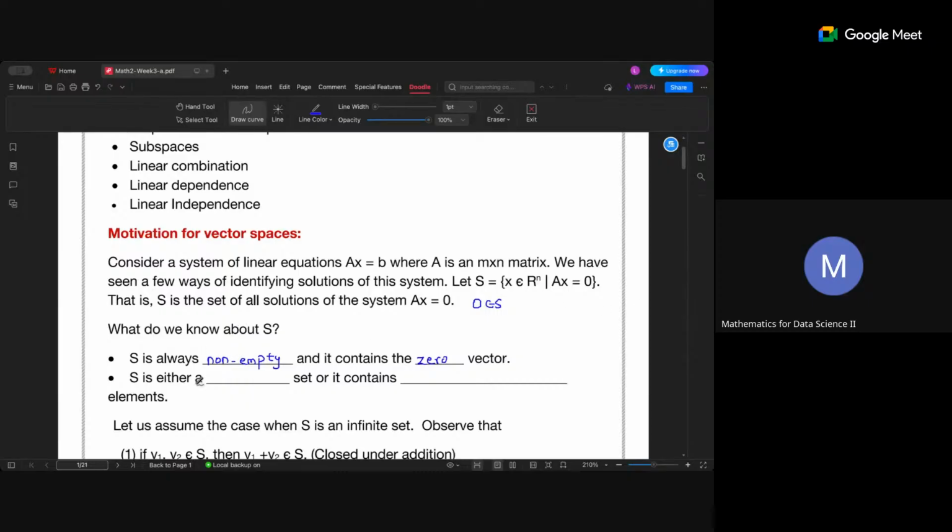So S is either a singleton set, which happens when only the 0 solution is there, or how many elements can it contain?